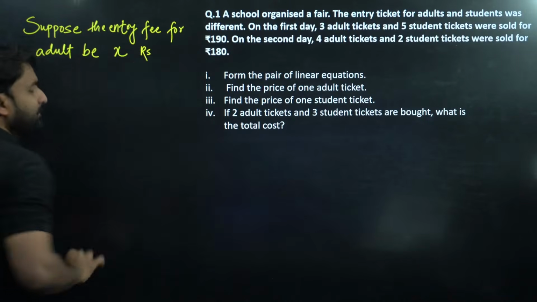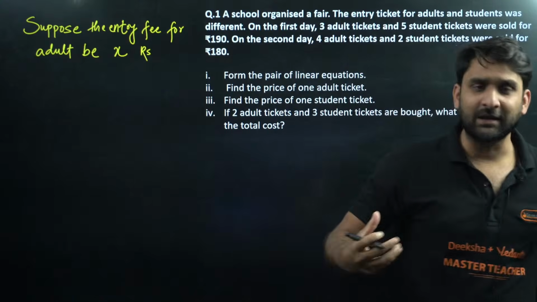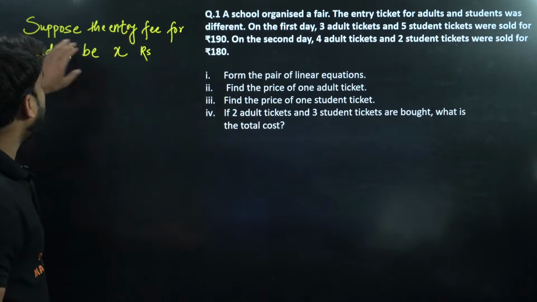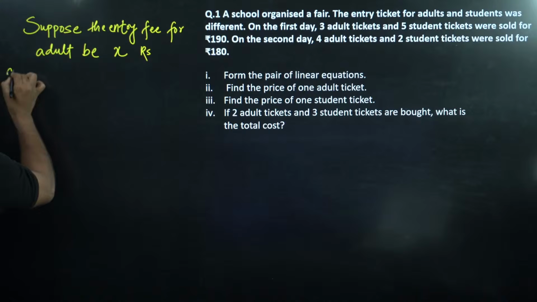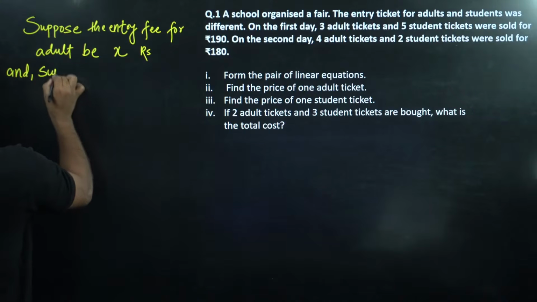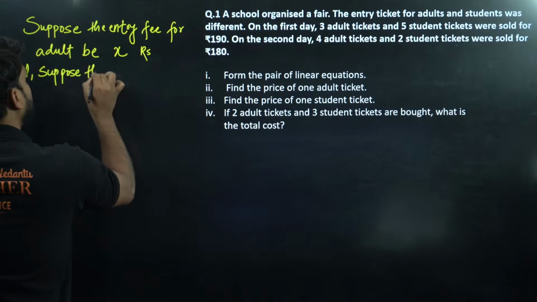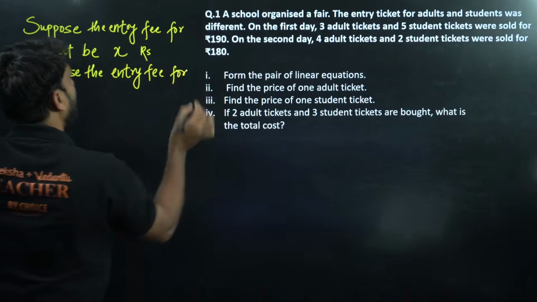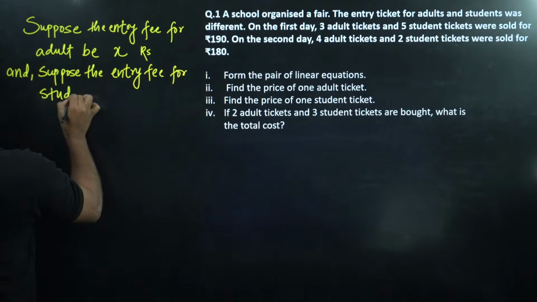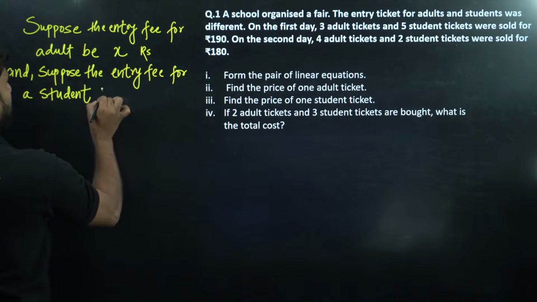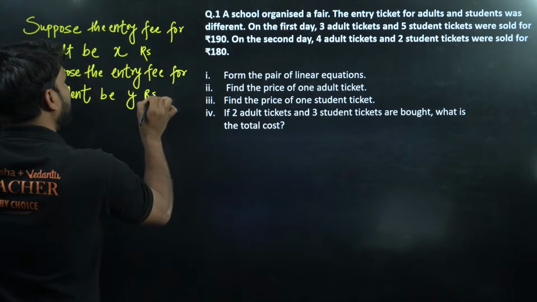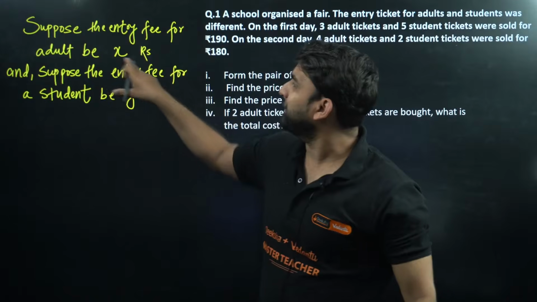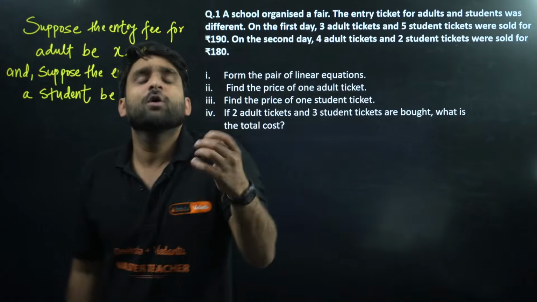So let's suppose the entry fee for an adult is X rupees, and suppose the entry fee for a student be Y rupees. So we have supposed that the entry fee required for an adult person is X rupees, and for a student it is Y rupees.